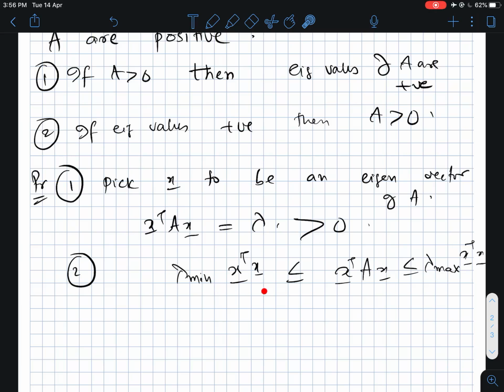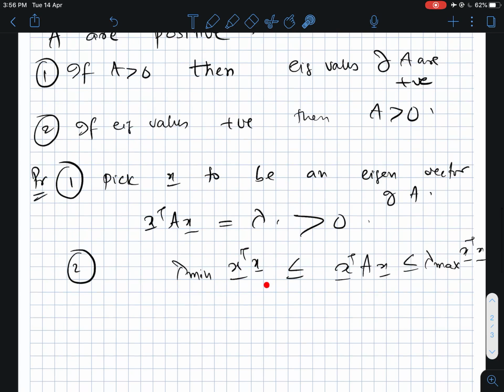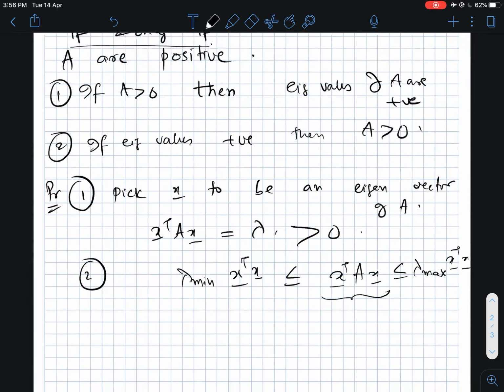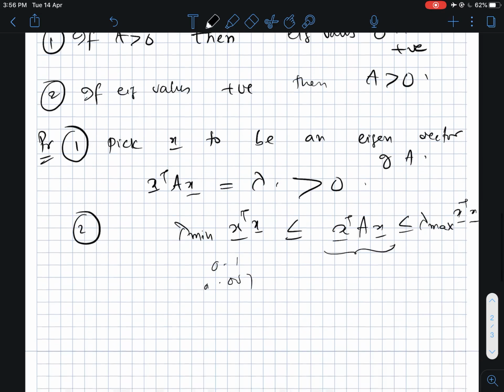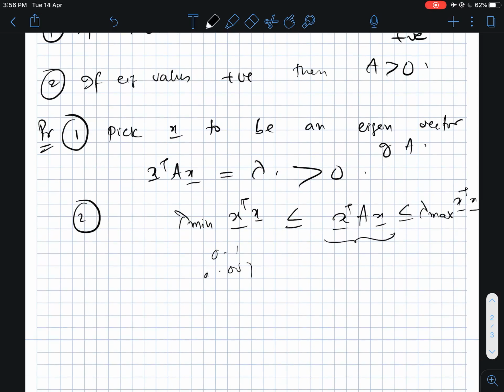Since x is a non-zero vector, x transpose x is positive, so the whole left side is positive. And what you have here is x transpose Ax greater than or equal to a positive number, maybe like 0.1 or 0.001, some illustrative example, which means x transpose Ax is definitely positive. In other words, A is positive definite.